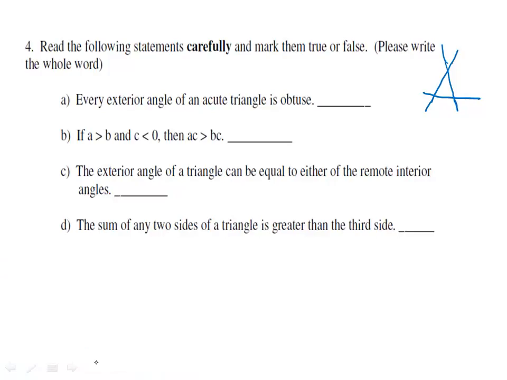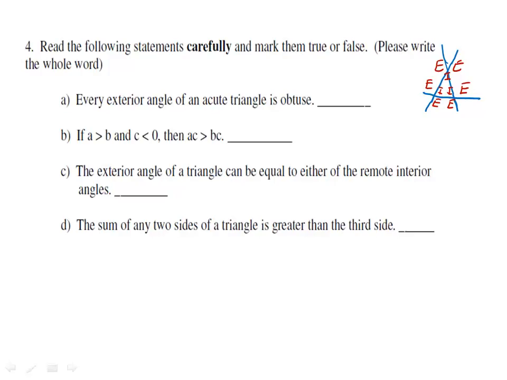Well, they make a linear pair with the interior angle here. So here's another interior angle, and there's another one. Linear pair, linear pair, linear pair with that linear pair. And what do you notice about all these exterior angles?